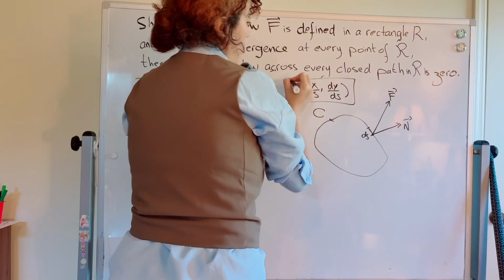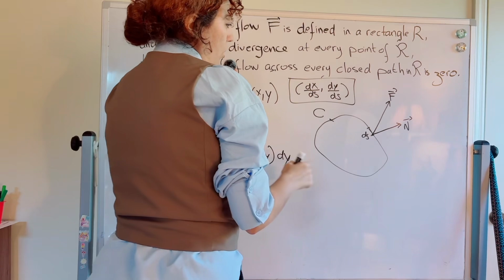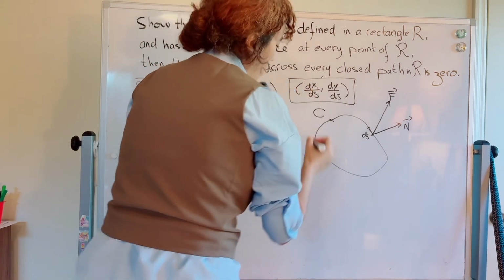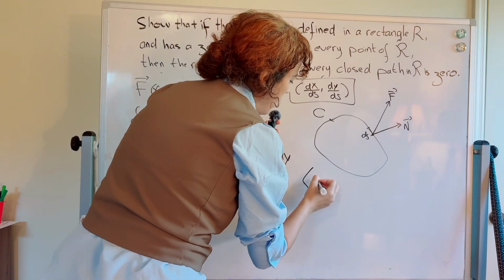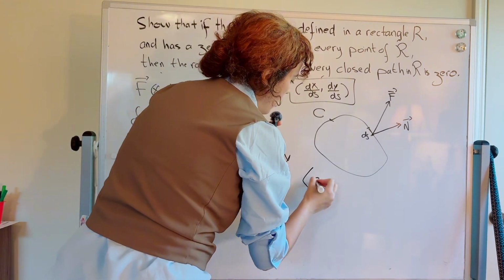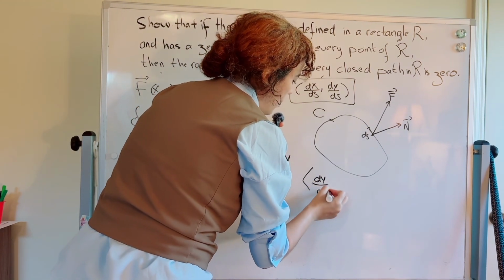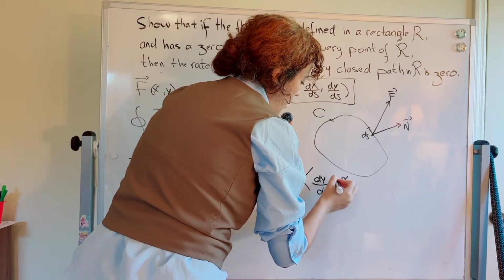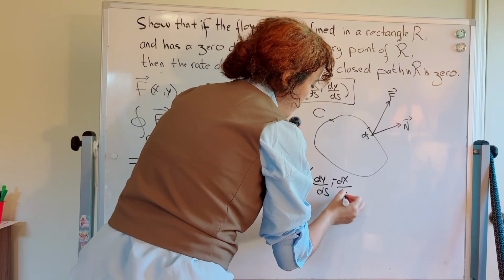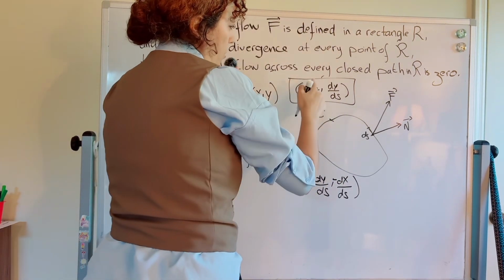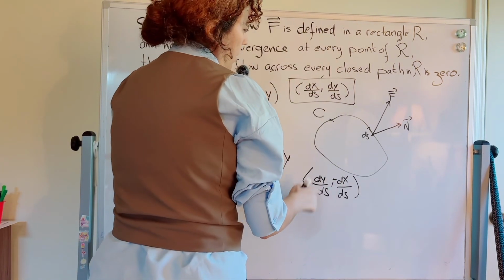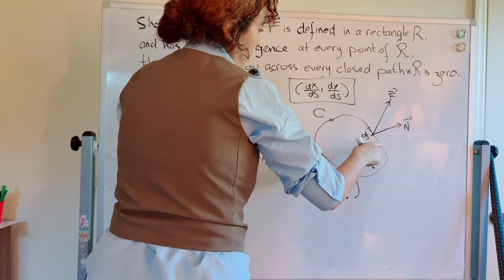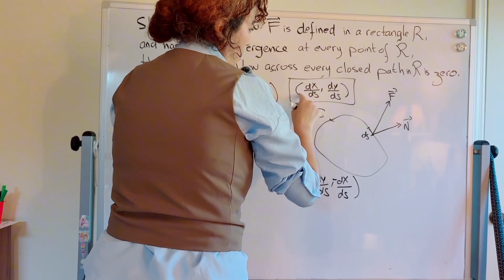This is the unit tangent vector. So the unit normal vector is going to be dy over ds, negative dx over ds. If you take the dot product of these, you get 0. That means n is perpendicular to the tangent vector.